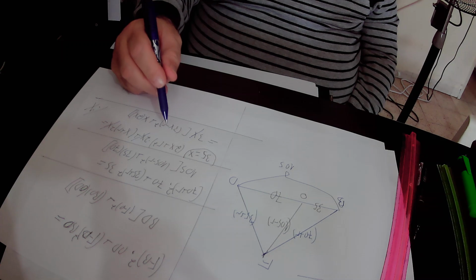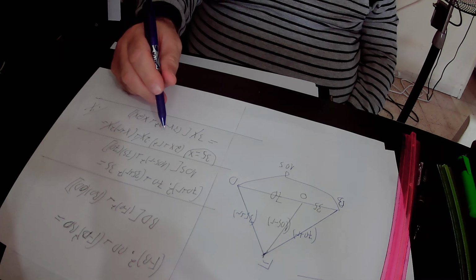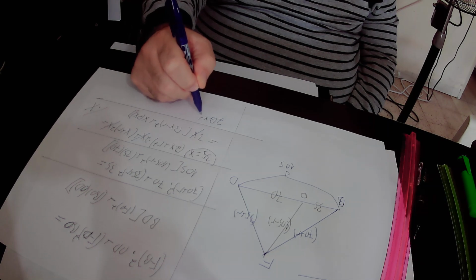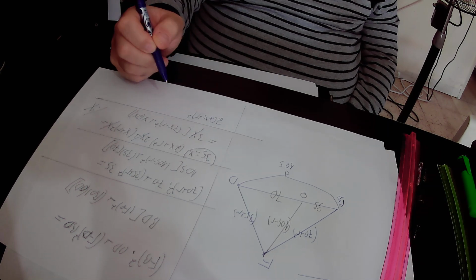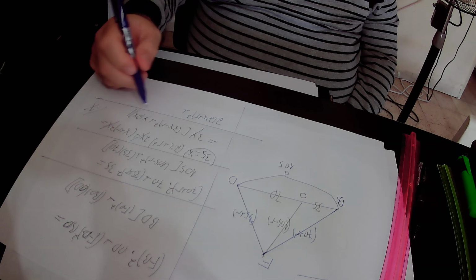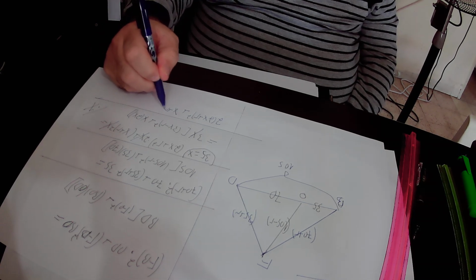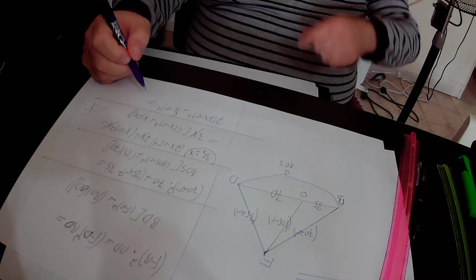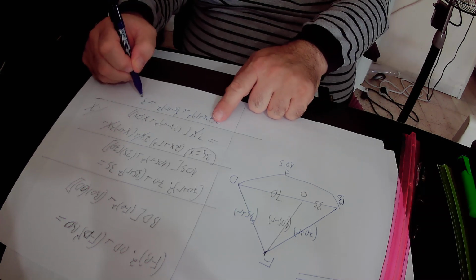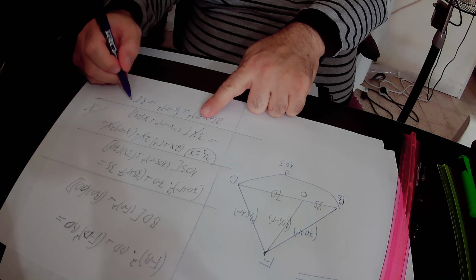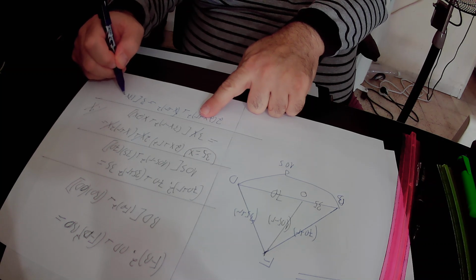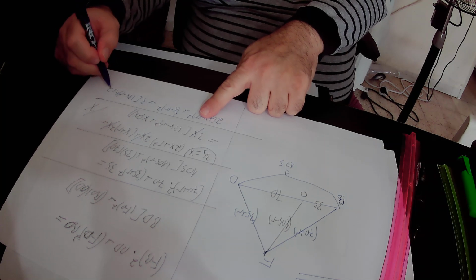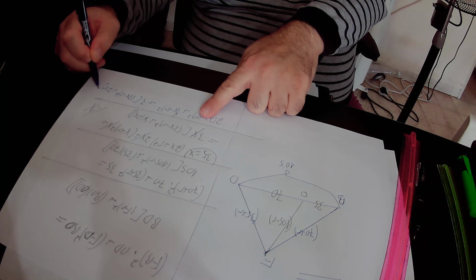Here we have 2 times (2x plus R) squared plus (x plus R) squared equals 3, and inside the brackets we have (3x minus R) squared plus x times 2x is 2x squared, all under the brackets.